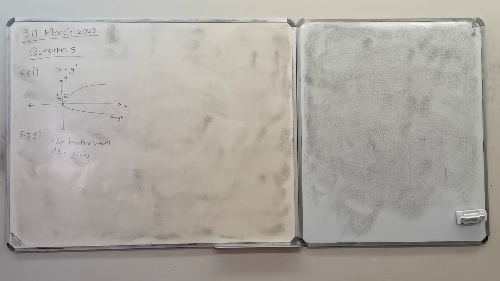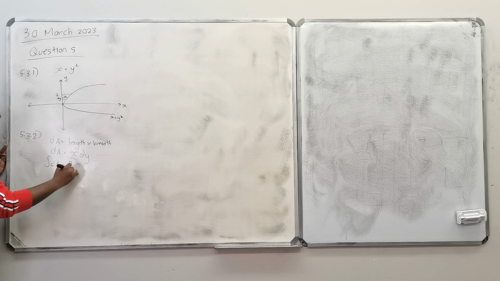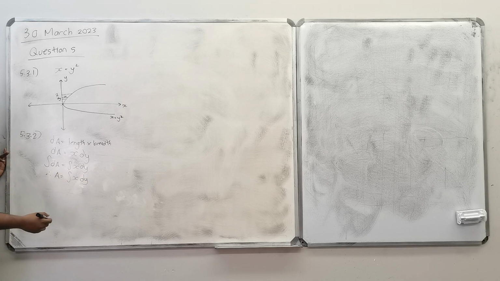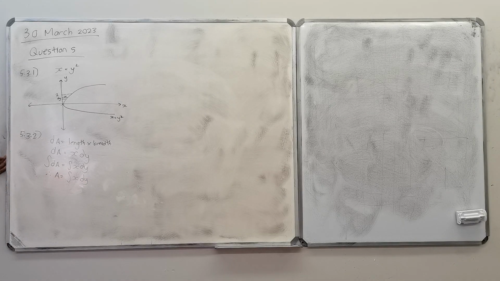Can we differentiate x with respect to y? I mean, no, sorry, not differentiating. We integrate. So you introduce your integral here, right? The integral of dA equals the integral of x dy, right? And then you get A is equal to the integral of x with respect to y. Can we integrate x and end up with y terms the way it is? No. What you need to do?